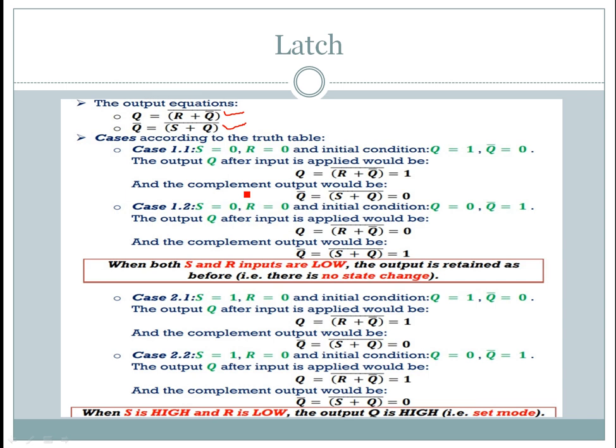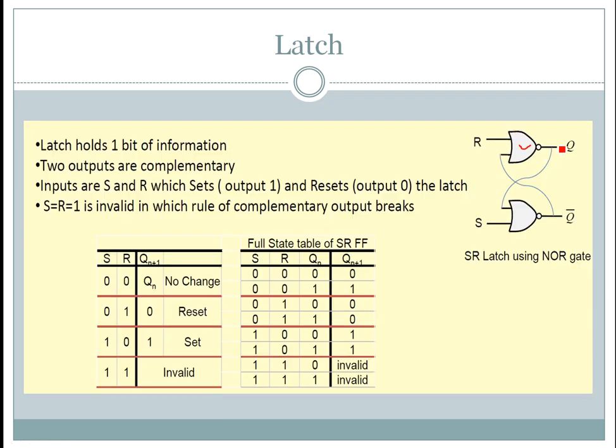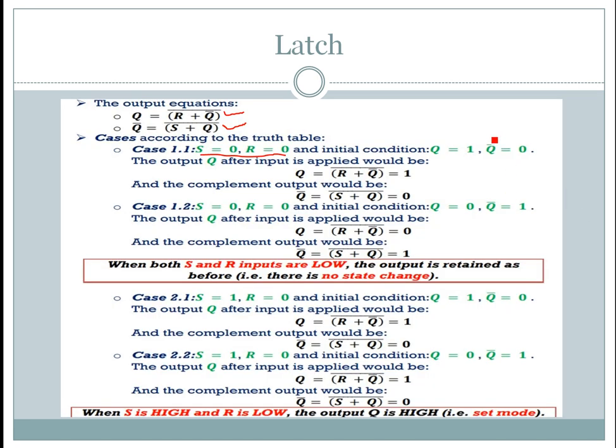Now we'll consider the different input combinations and the initial conditions, and we'll see what the next state of the latch will be. First one is S equal to 0, R equal to 0. These are the input combinations, and I am considering the initial conditions, meaning the Q and Q bar values.